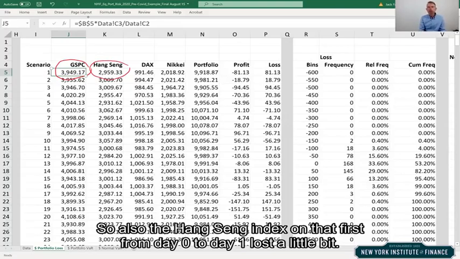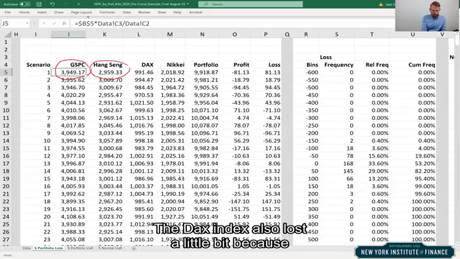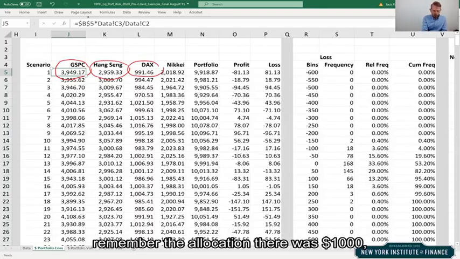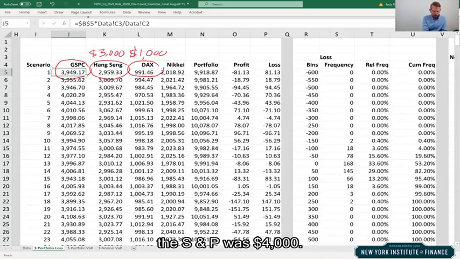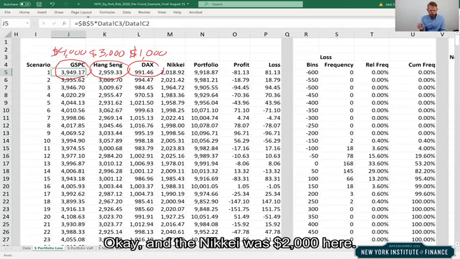So also the Hang Seng index on that first, from day 0 to day 1, lost a little bit. The DAX index also lost a little bit because remember the allocation there was $1,000. And the Hang Seng was $3,000. And the S&P was $4,000. Okay.